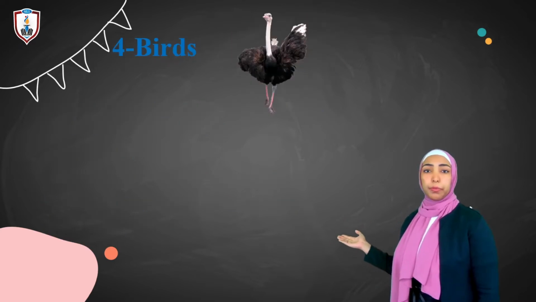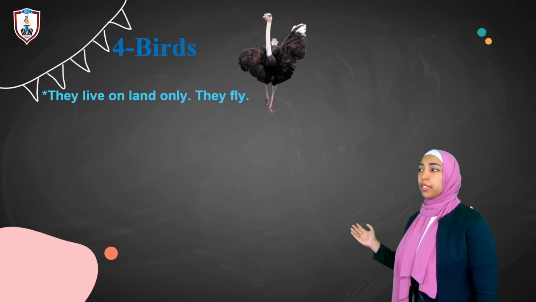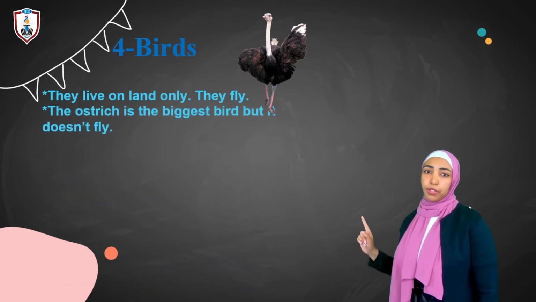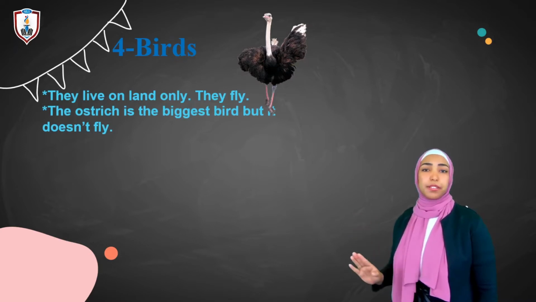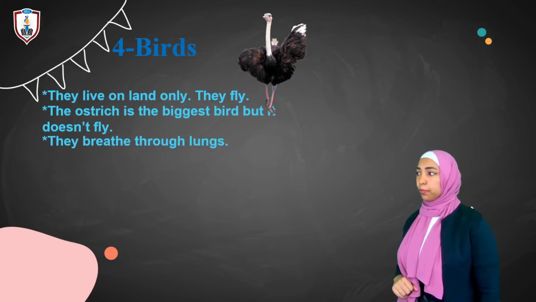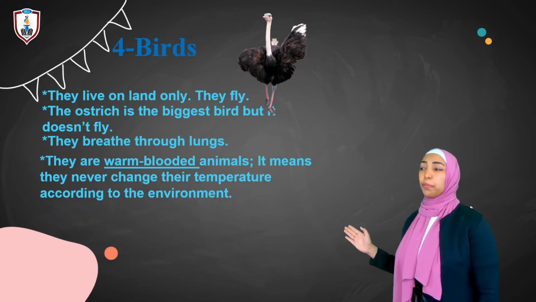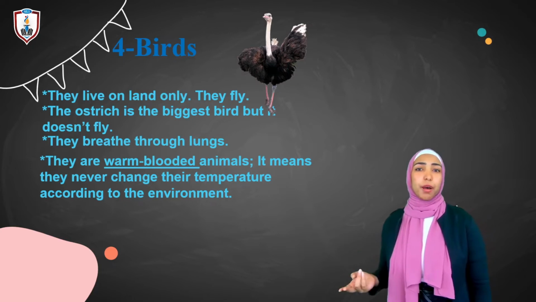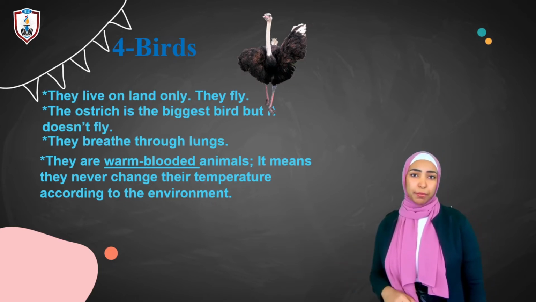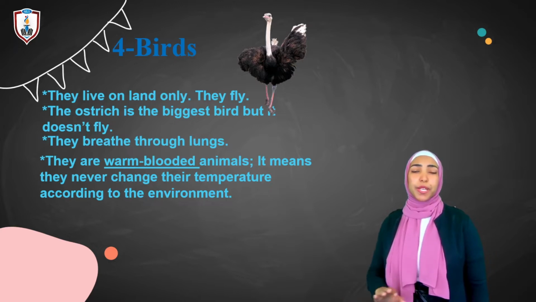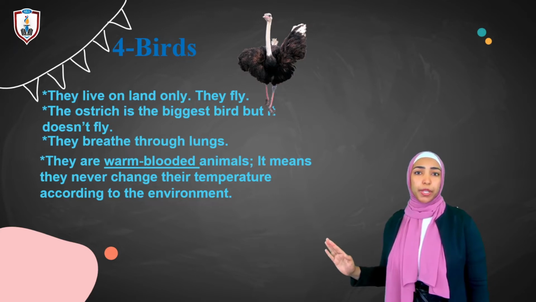And then the birds, they live on land only and they can fly. But don't forget, the ostrich is the biggest bird, but it does not fly. They breathe through lungs. They are warm-blooded animals. So this is the opposite of cold-blooded animals. They are warm-blooded, means their temperature is always the same. It does not change according to the environment they are in.